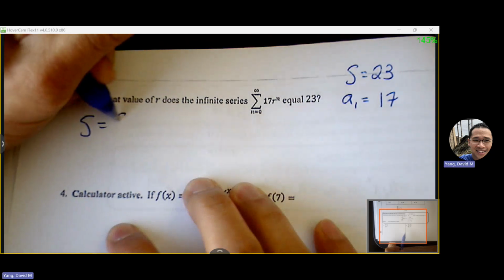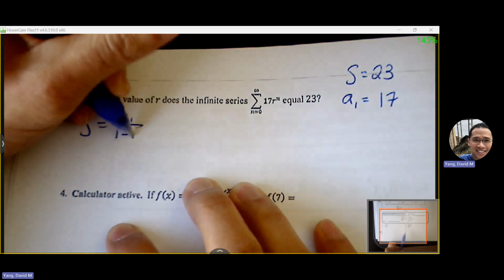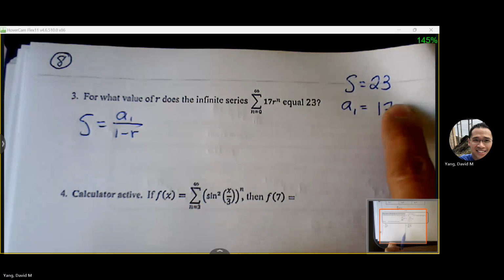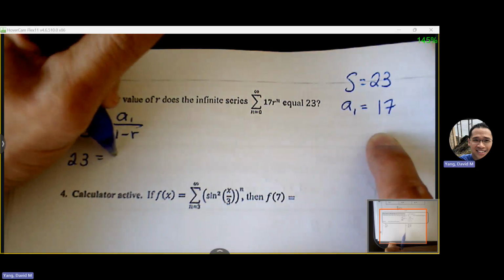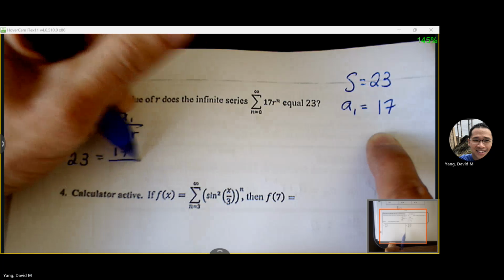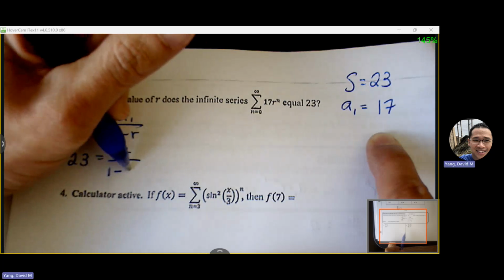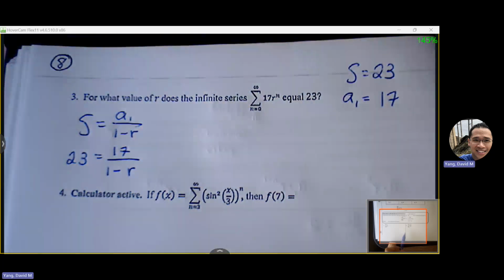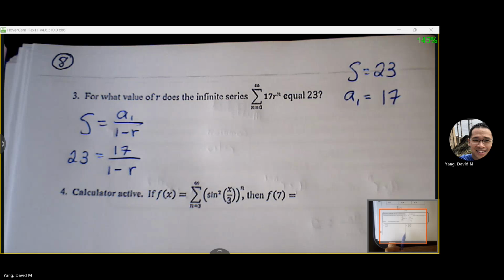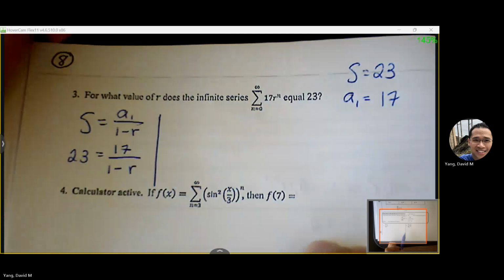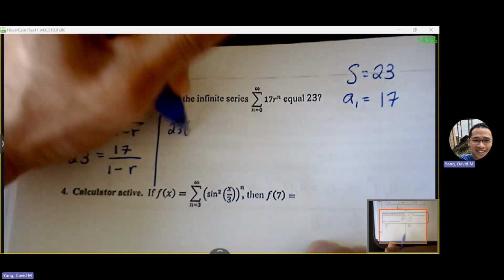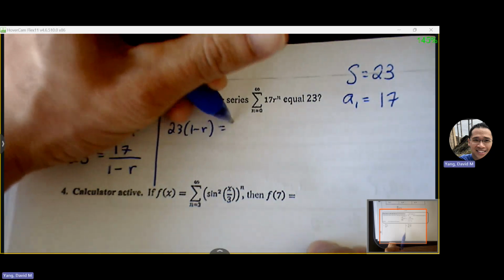Let's put that into our formula for our geometric series. 23 is equal to a sub 1 over 1 minus r. Just cross multiply and solve for r algebraically.